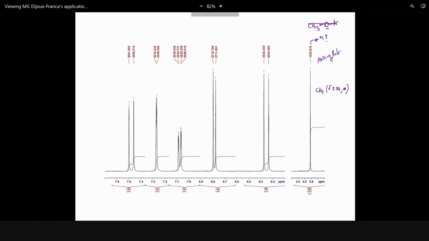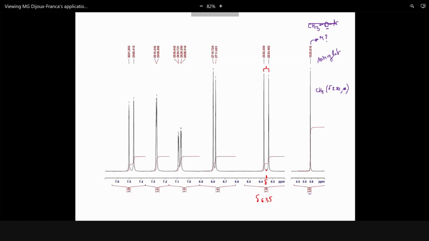We talk about this first signal, which is a doublet with the chemical shift here just in the middle. So it's 6.31235 ppm.